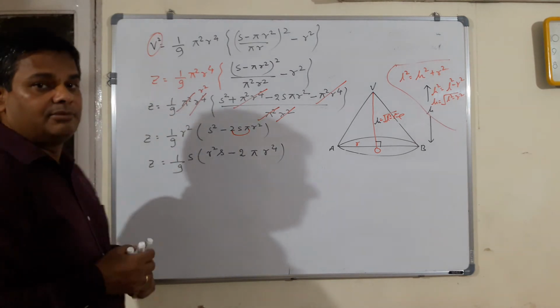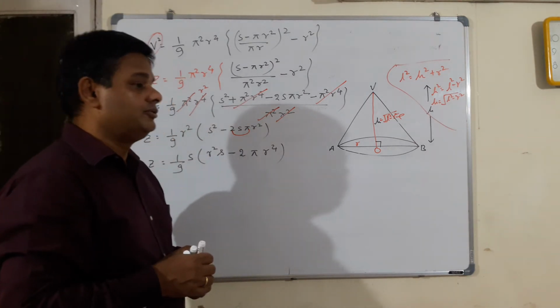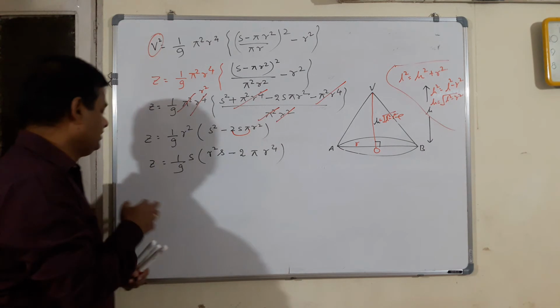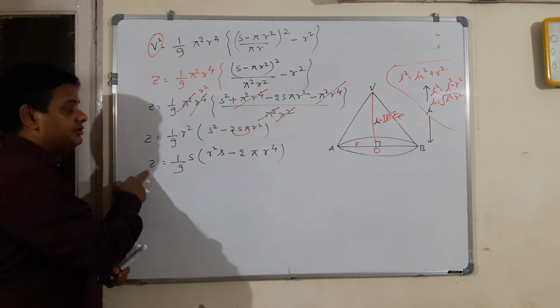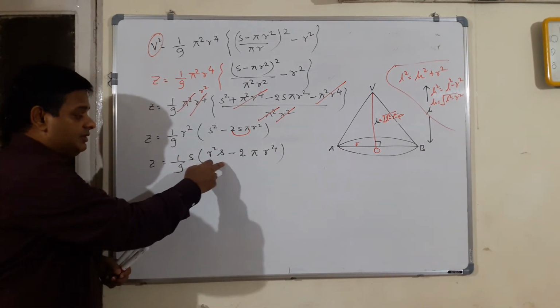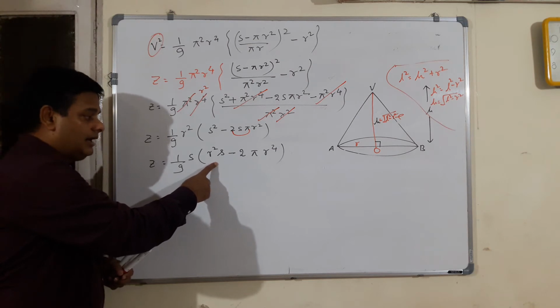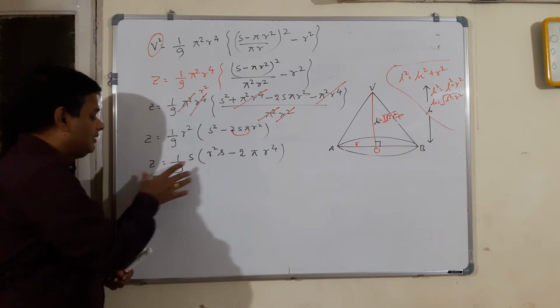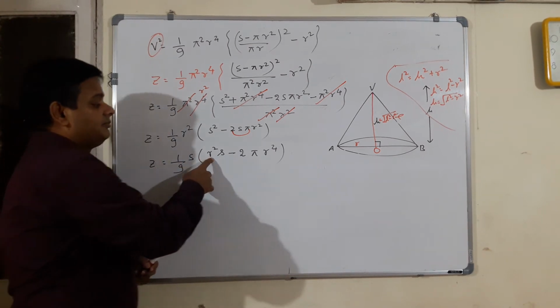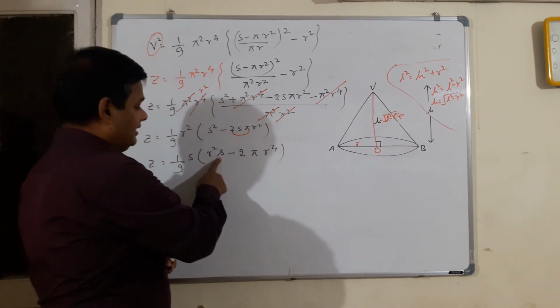Now for maximum or minimum you have to differentiate z with respect to r. With respect to r, why r? Because here the function z depends upon radius r. Here s is constant.